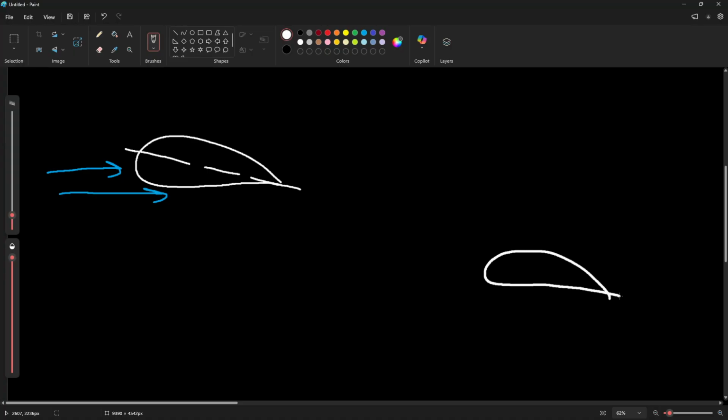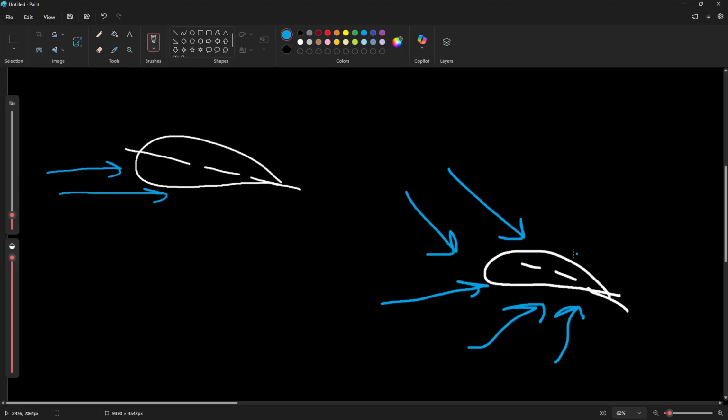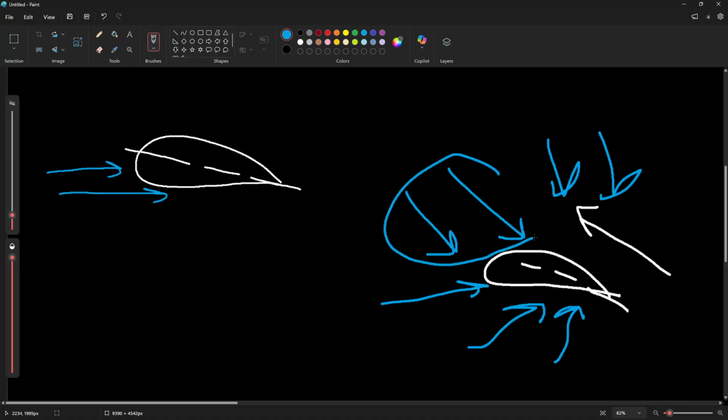If we have a relative wind coming here, there's also relative wind coming here, and here, and here. Since all of these are in the opposite direction of the way we are flying, which is this way, we have relative wind coming in every single direction. But when we're talking about relative wind specifically, we only mention all of the wind that is parallel to the chord line.